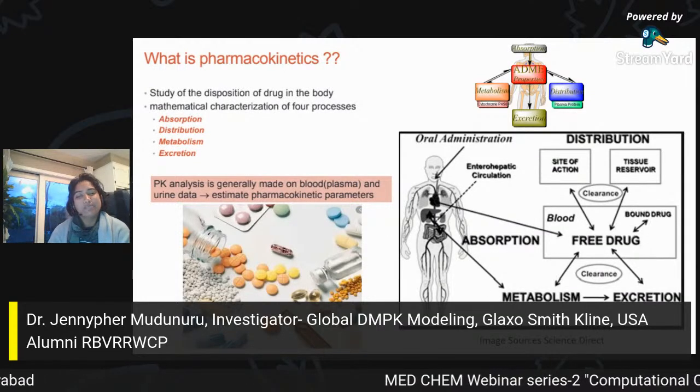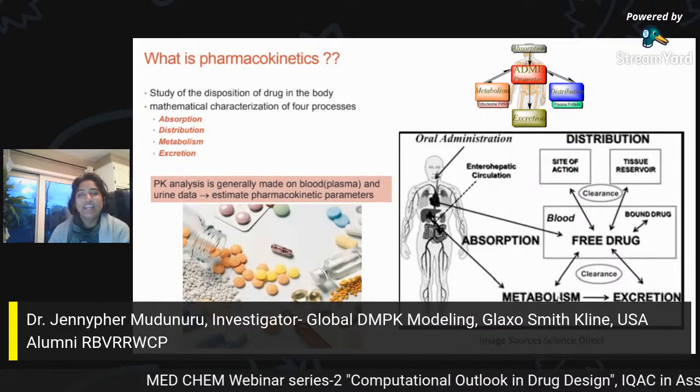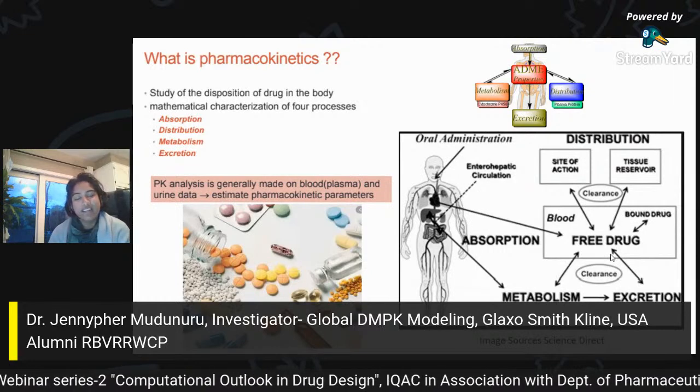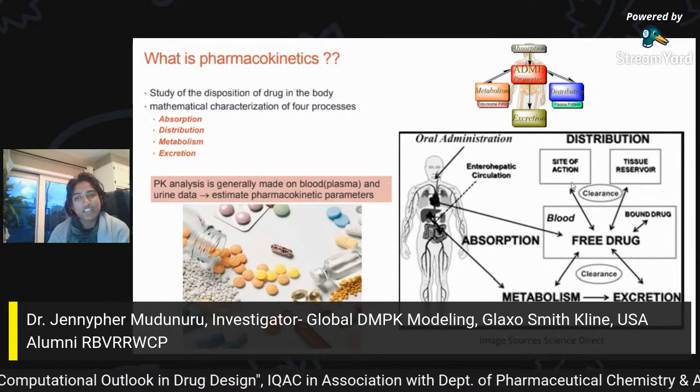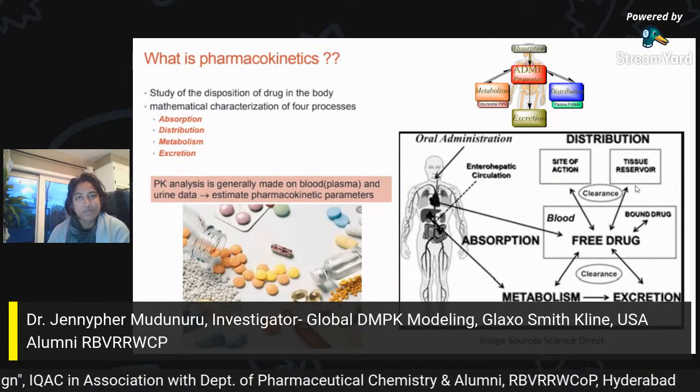Then the drug gets metabolized in liver, and then it goes out. If it doesn't get metabolized, it becomes available in your blood, and then it goes to your site of action and to the various tissues, which is then called the distribution.